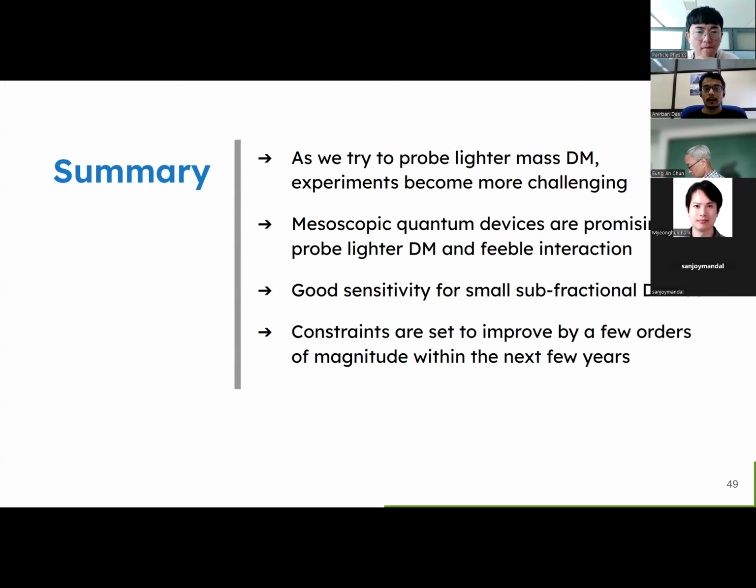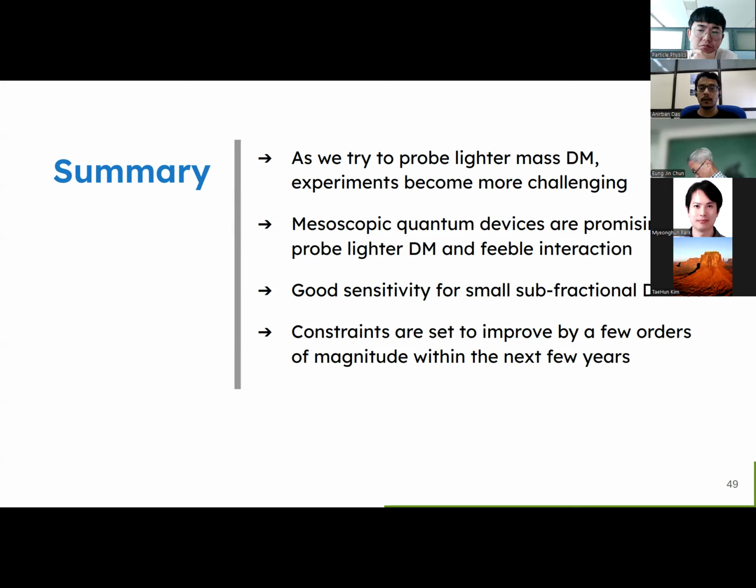So that's going to be all. Just to summarize, in these papers we proposed a new type of experiment. Because this is the light dark matter regime, there are many different ideas, and we do not yet know what's going to work best, so we have to keep our minds open.